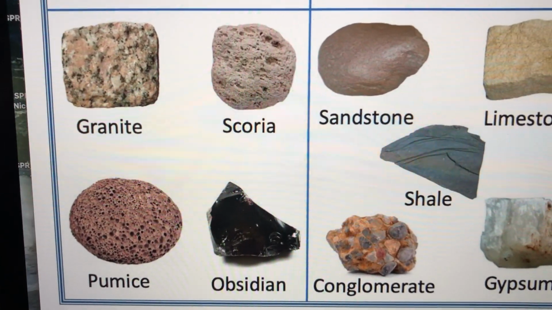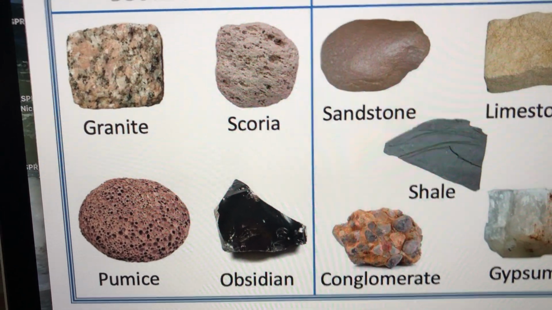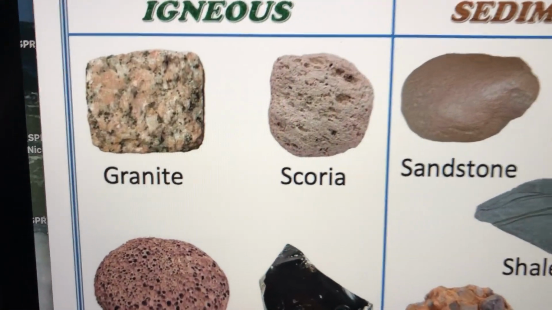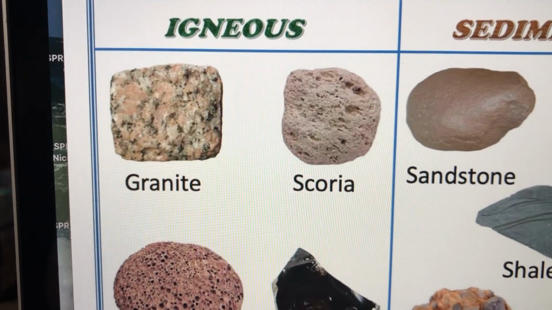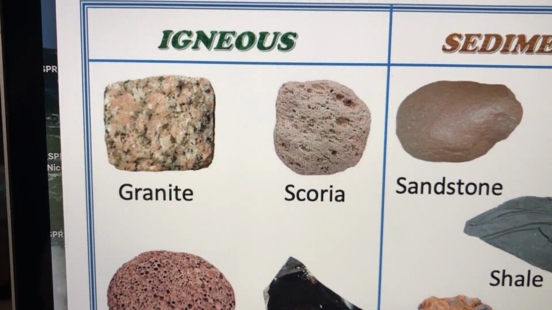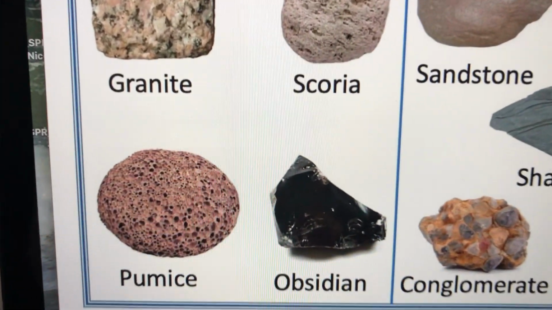Okay, you can see how it has all these kinds of colors to it. There's some pink, some gray, some white, and so on. I really wish that we were together because I have samples for you to hold and to look at, but we'll just have to go with pictures in my videos.